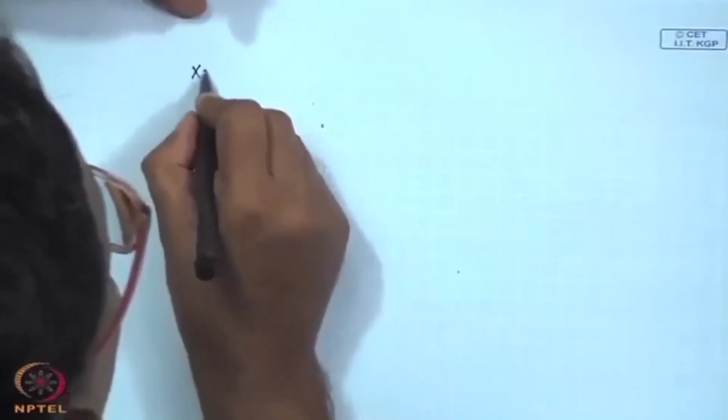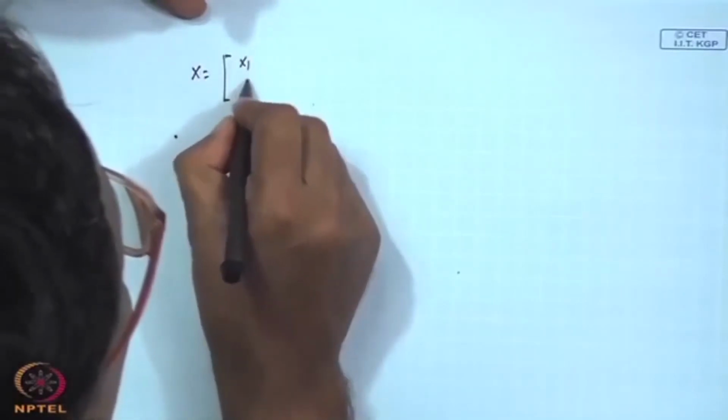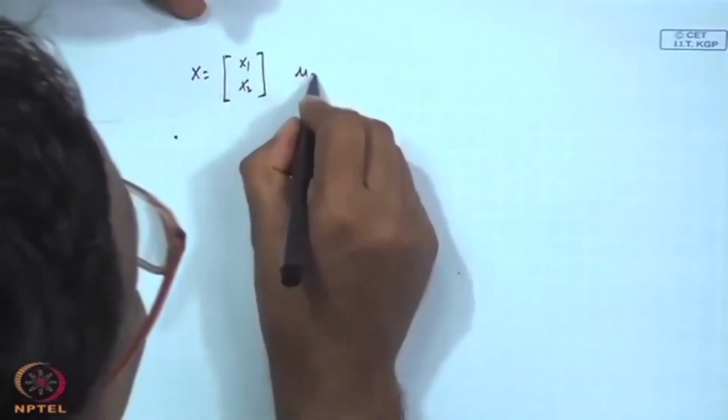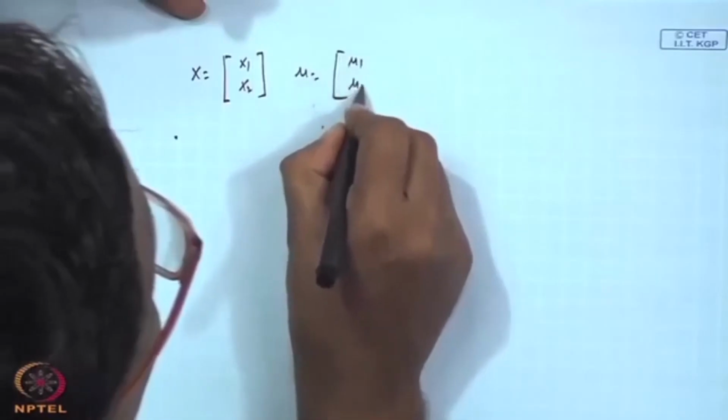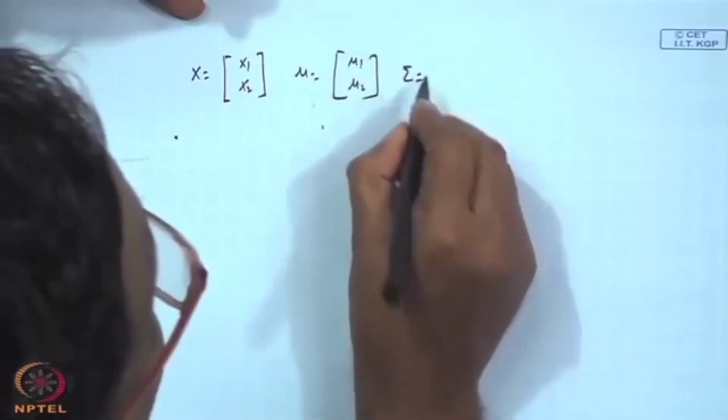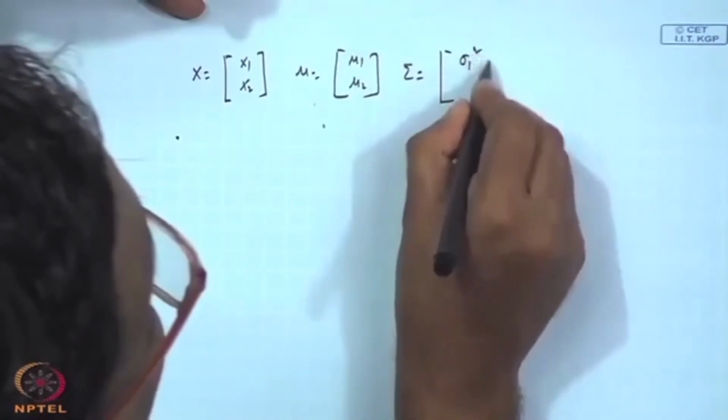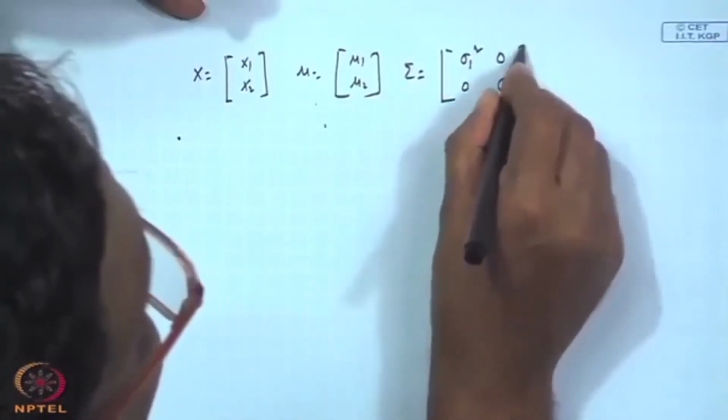Can we do the same thing for x equal to x1 and x2, the two variable case, mu equal to mu 1 and mu 2, and sigma equal to sigma 1 square, 0, 0, sigma 2 square?